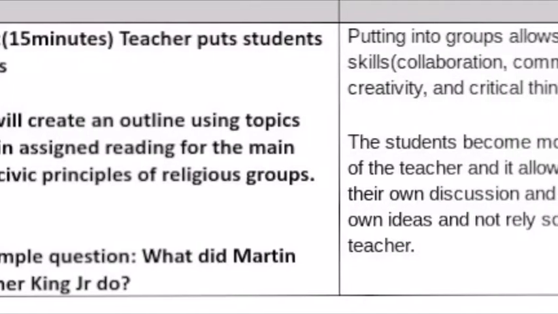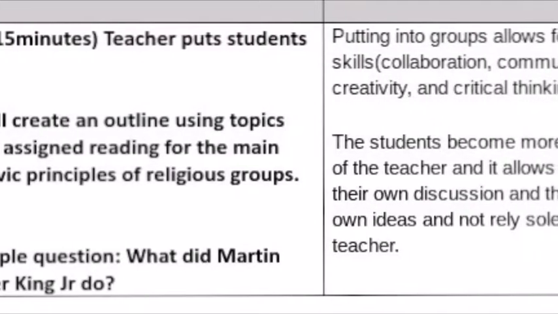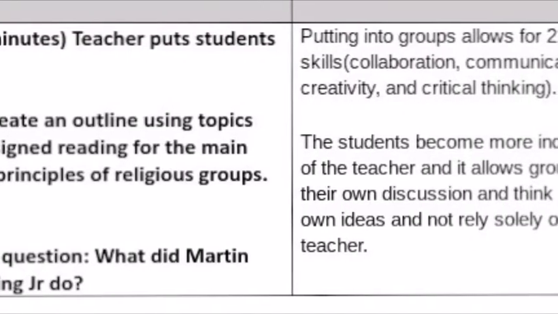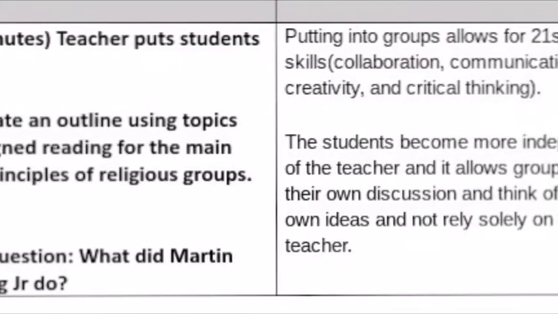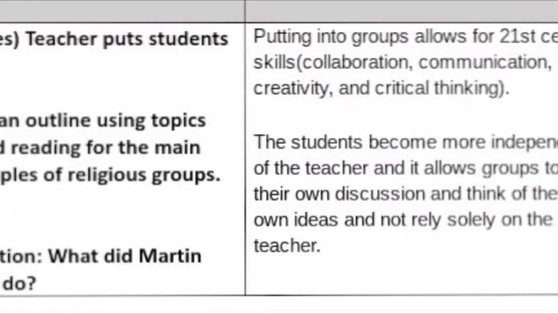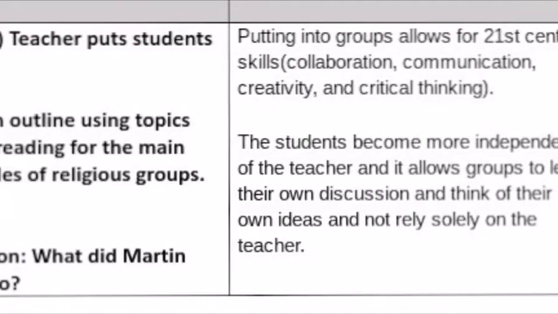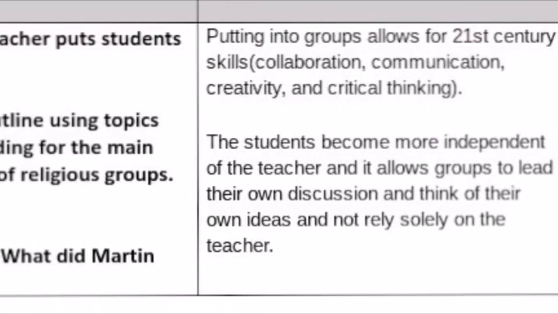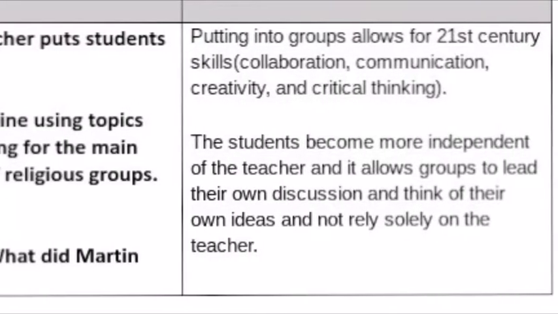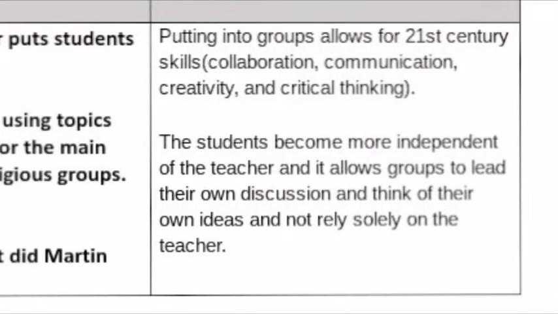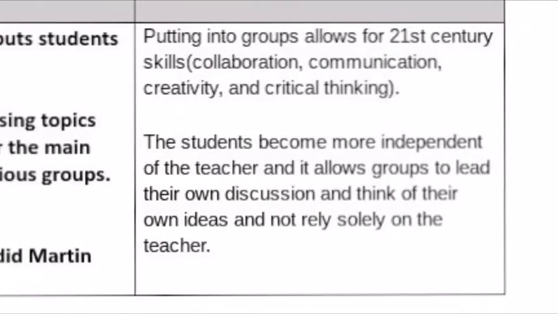Together we discussed how putting students into groups allows the 21st century skills of collaboration, communication, creativity, and critical thinking. This is where students can become more independent from the teacher, and where the teacher can just listen and watch what the students are doing, making sure that they're on topic, answering any questions that they have.